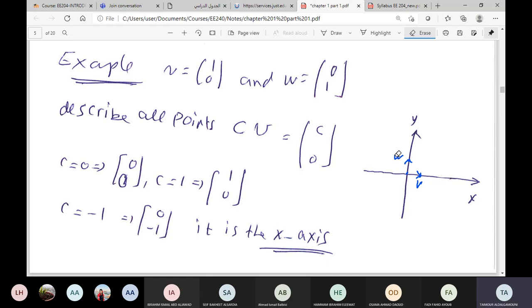Why? Because any point in the XY plane can be written as a linear combination of V and W. Let's say, now, the point 3 and 4. Can this point be written as a linear combination of V plus W?